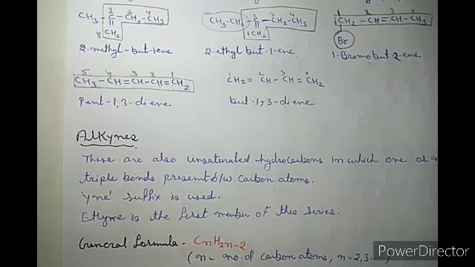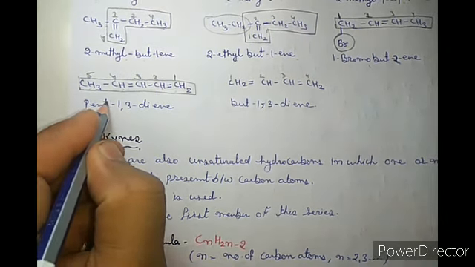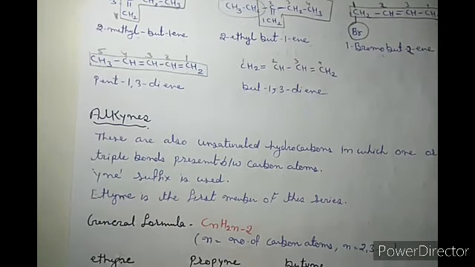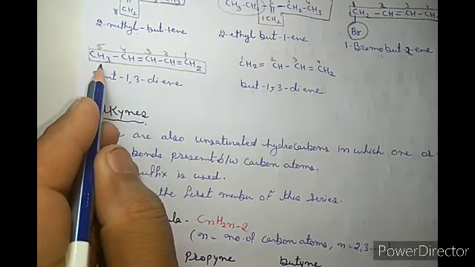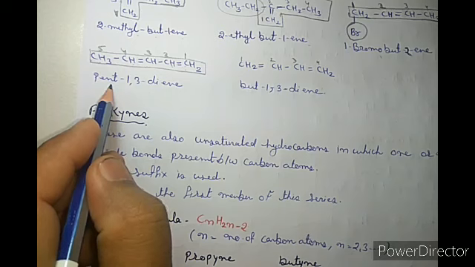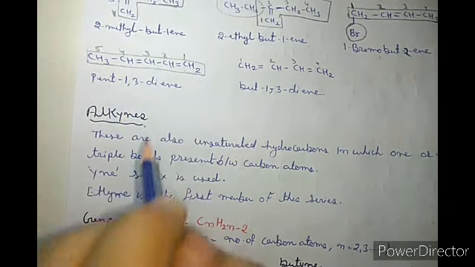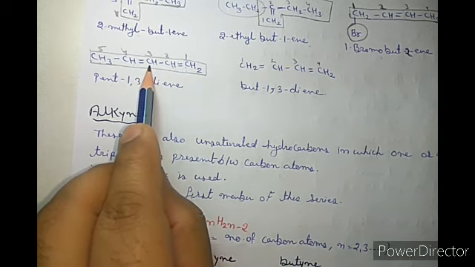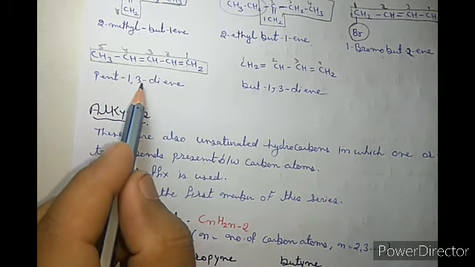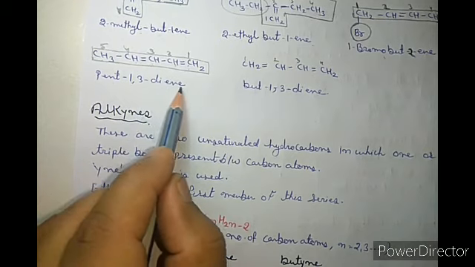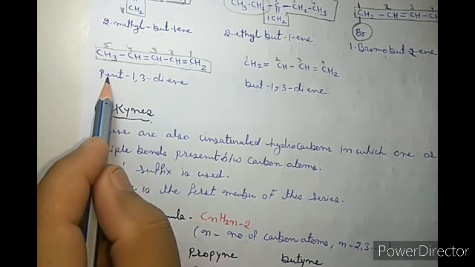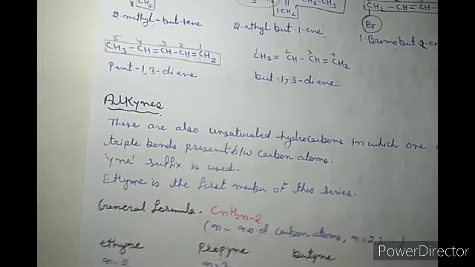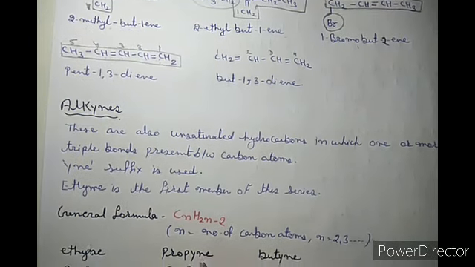Since there is no other substituent, we directly write the name of the main chain. Since there are 5 carbons, that is pent. Now two double bonds are present, one at the first number and another at third. So 1, 3 diene. Pent 1, 3 diene. Got it?